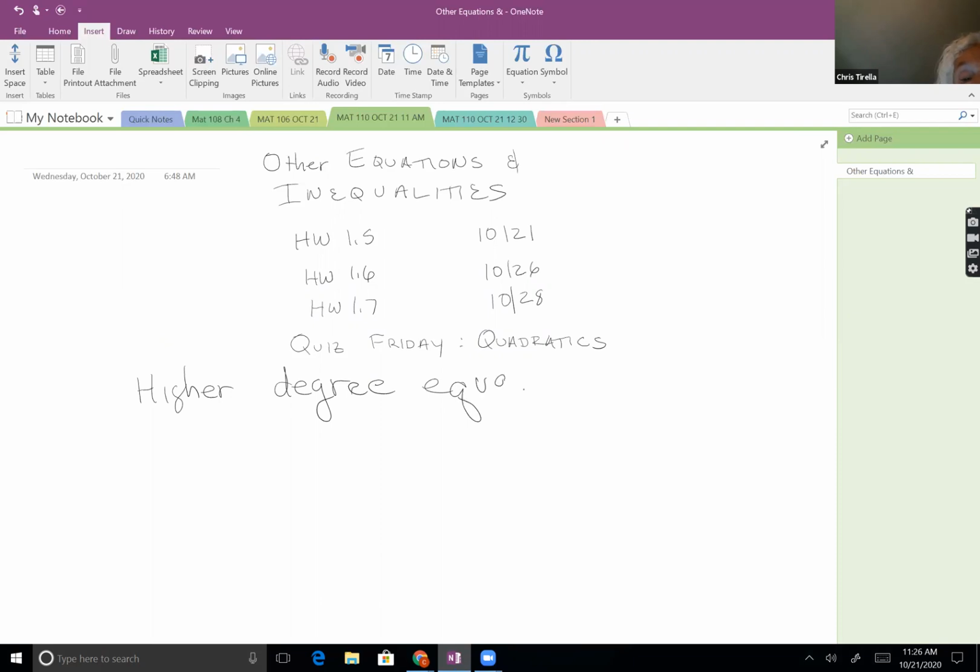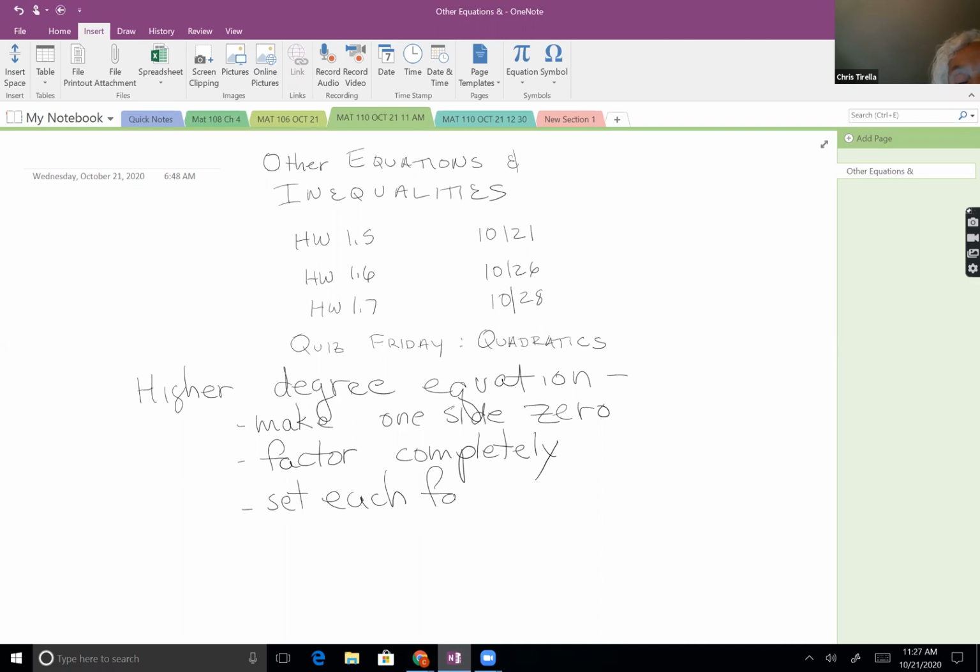And again, our method for those, our approach, was to make one side 0. Factor completely. Set each factor to 0. Solve the resulting equations.